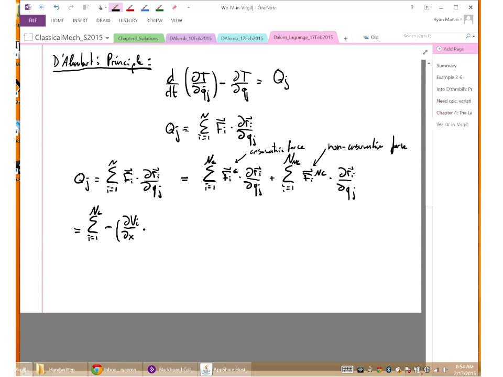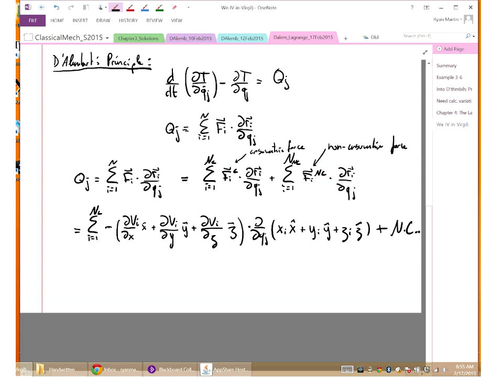So if I write out Fi^C, it'll be, with the minus sign up front, ∂Vi/∂x x̂ plus ∂Vi/∂y ŷ plus ∂Vi/∂z ẑ, and that's dotted with ∂/∂qj of the Ri vector, and so that'll be the xi position of the force, x̂, plus yi ŷ, plus zi ẑ, and then plus the non-conservative term.